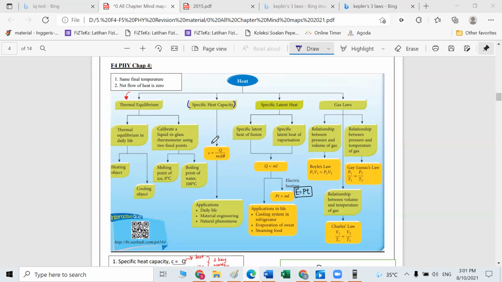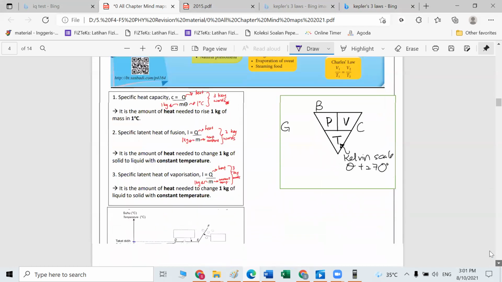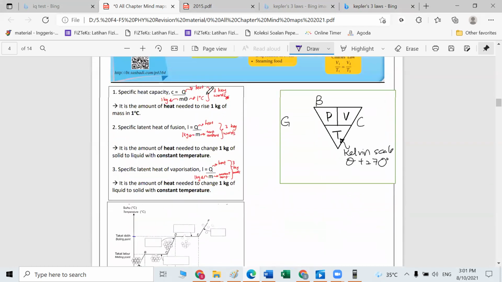Okay, I know Q equals mc theta. When I ask you what is specific heat capacity, I'm asking you to define specific heat capacity. So I jot down here already. Specific heat capacity, c equals Q over m theta.